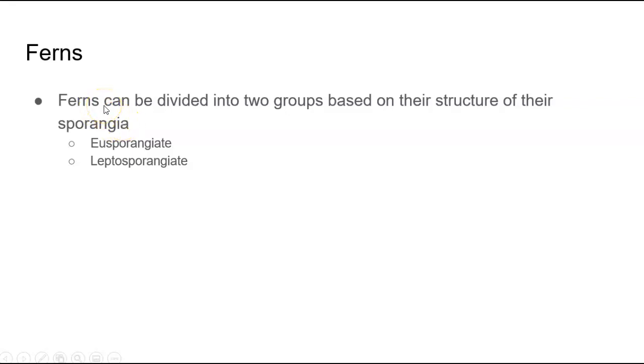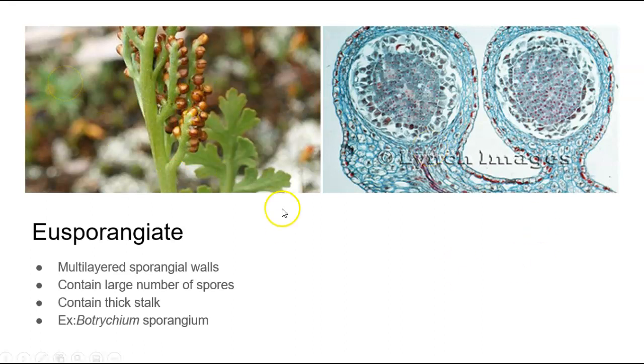These ferns can be divided into two groups based on the structure of their sporangia. There's eusporangiate or leptosporangiate. These are the two different types. So here you could see a eusporangiate over here. And here, if you look at it under the microscope, it looks like this.